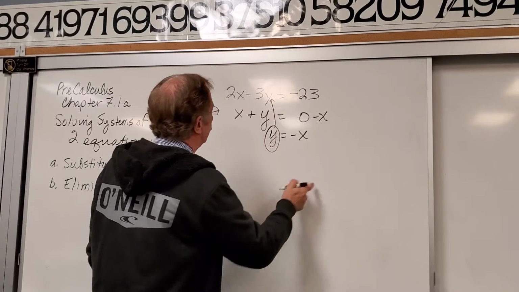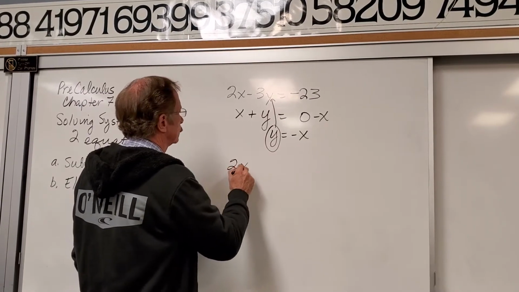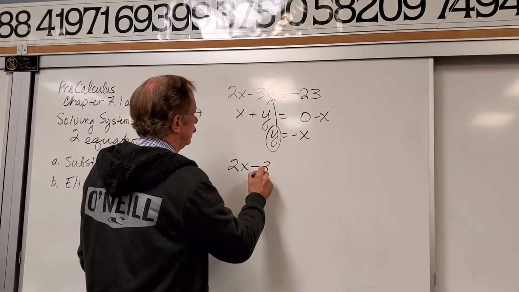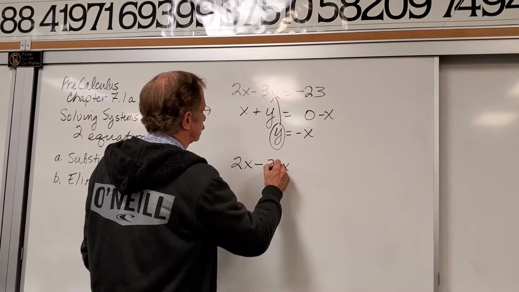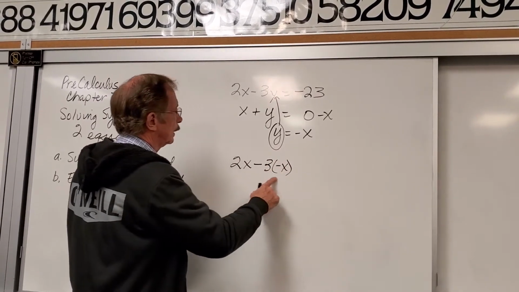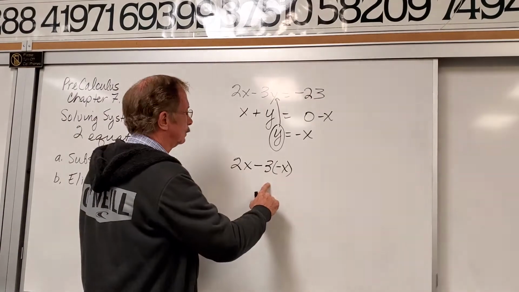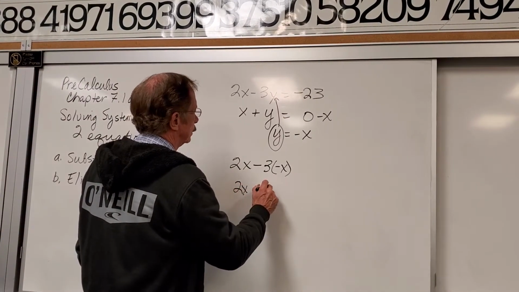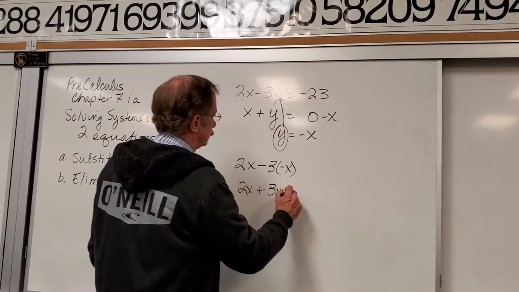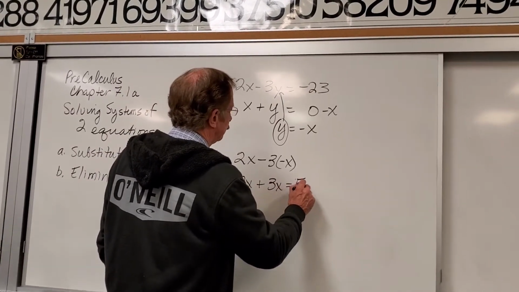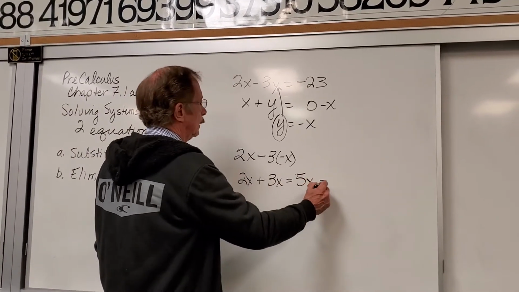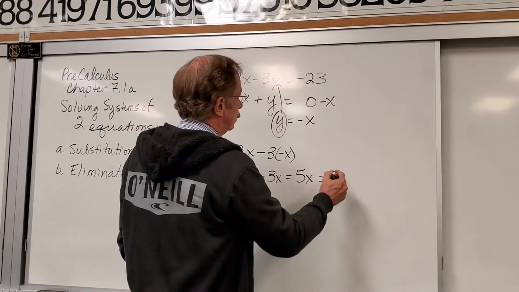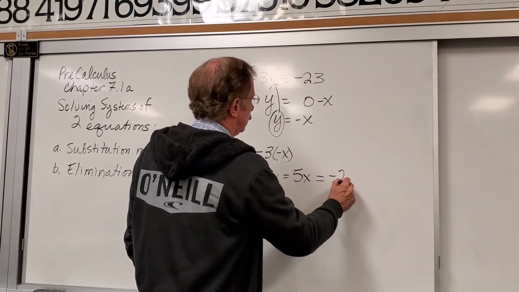and that value I'm going to stick in right up here where the y is. And so I'm going to have 2x minus 3 times a negative x. Well, you can see right there that makes that positive. So we've got 2x plus 3x, which is going to total 5x's, and that's supposed to be equal to minus 23.